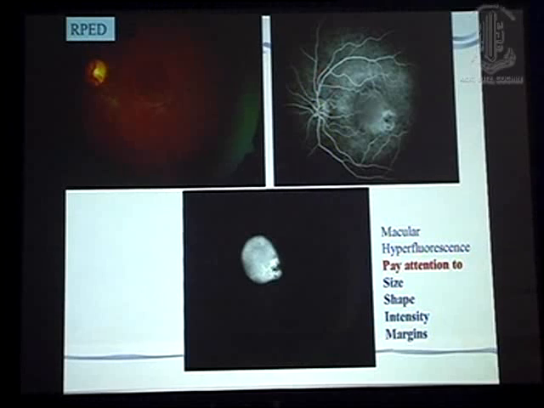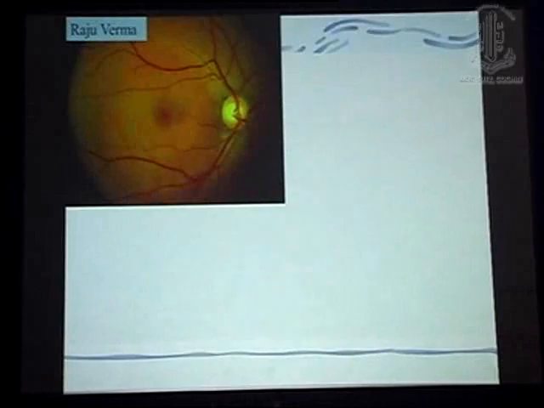Okay, till the time he comes up, we'll... So whenever you have hyperfluorescence, Dr. Shetty emphasized, pay attention to size, shape, intensity. If the margins are very, very sharp as in this, how do you come to the arrow? It's not working.